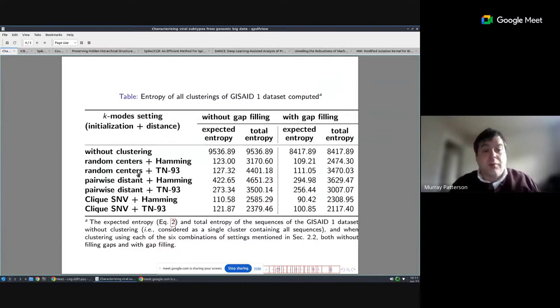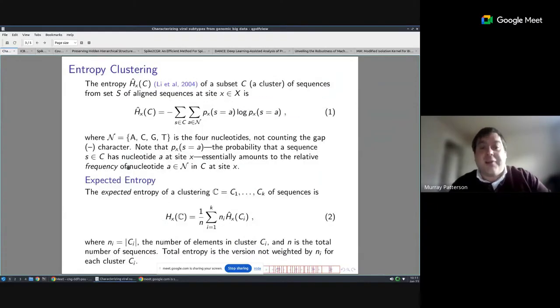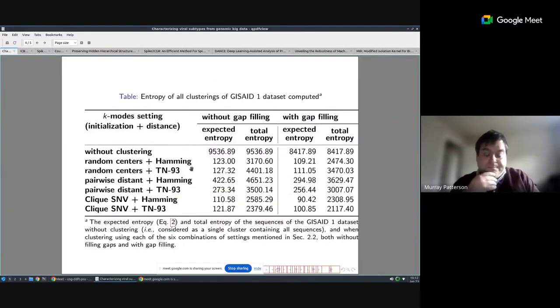We had to represent the sequences somehow, so implicitly there's some sort of numerical encoding of the sequences. Here it's really just the sequence itself, so there could be four nucleotides and a gap symbol at each site.